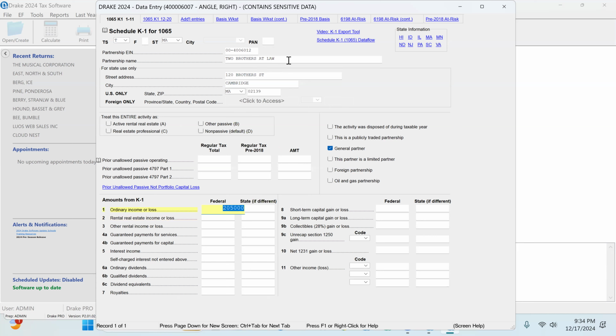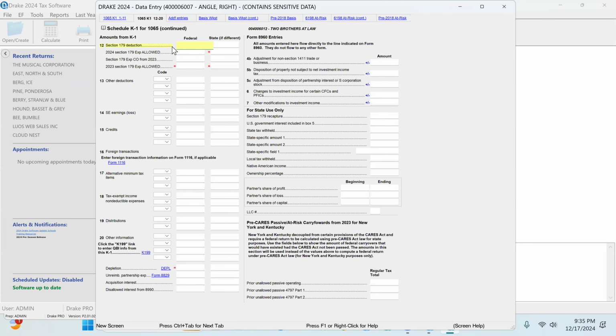Now, what's this? This is a partnership called Two Brother-in-Law. You not only put 205,000 in here, but you also need to put this one in like here, on the second tab, under 14A. Now, this 205K, up to the maximum amount, is subject to self-employment tax.